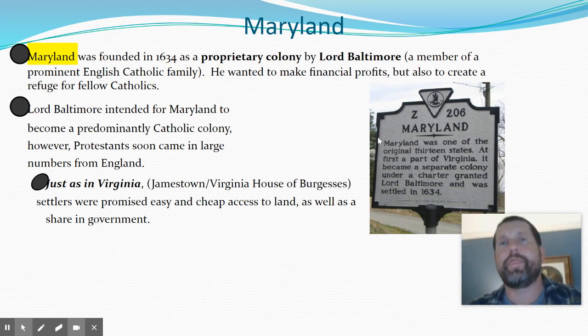The colonists that moved to Maryland, just like in Virginia with Jamestown and the House of Burgesses, are promised a share in the government.